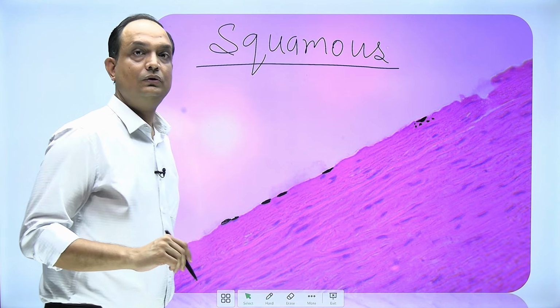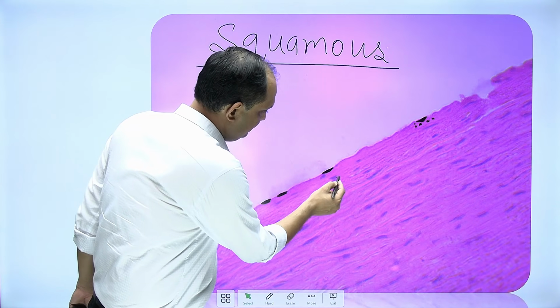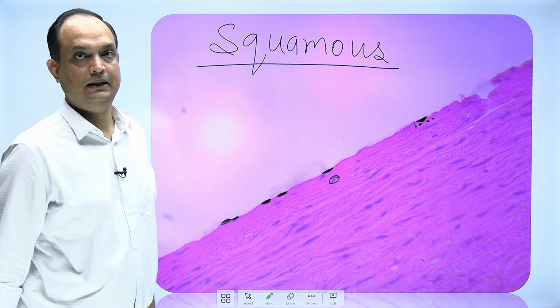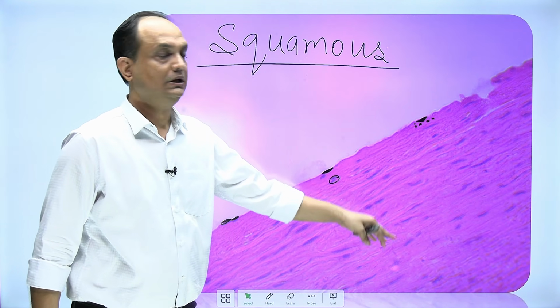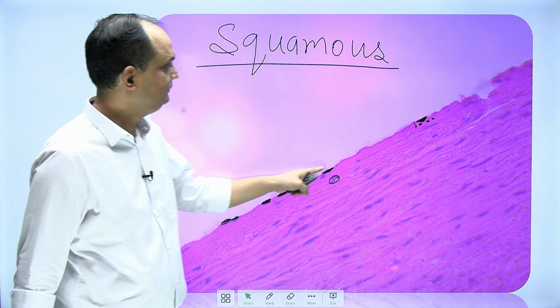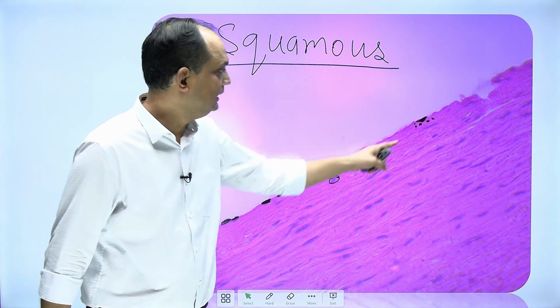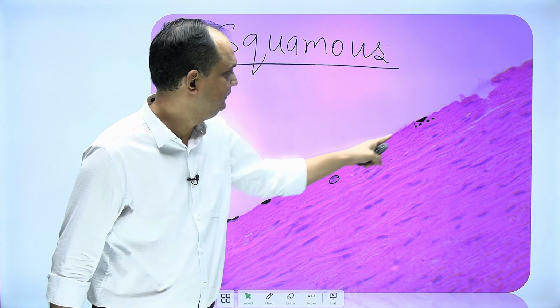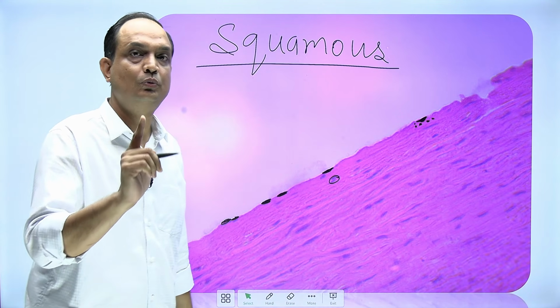You are not having the nuclei in close vicinity. You are having nuclei which are quite far away. So this is not stratified epithelium. This is the top cell which is flat, and these flat cells are simple squamous, and there are no other nuclei present in the vicinity of these flat cells. So it is not stratified, it is a simple squamous epithelium.